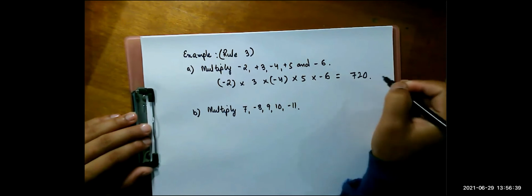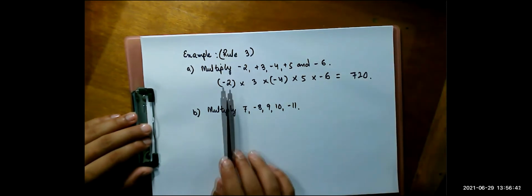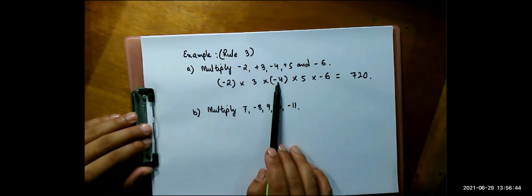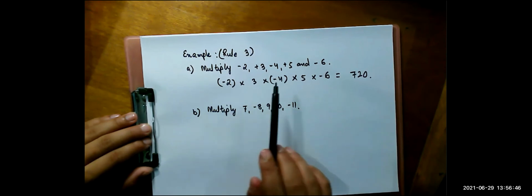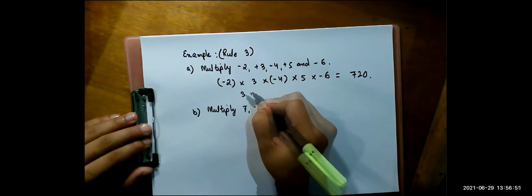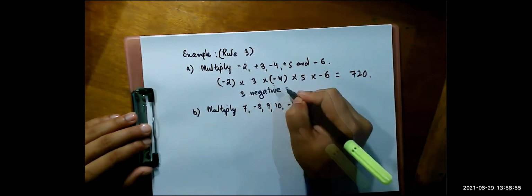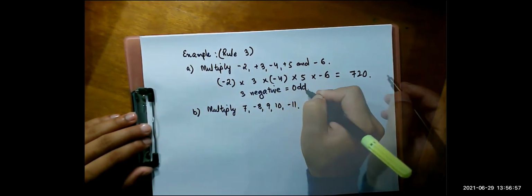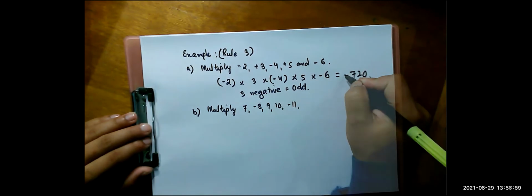Now let us count the number of negative signs: 1, 2, and 3. That is minus 2, minus 4, and minus 6. That means there are 3 negative signs, which is odd, so the product will bear a minus sign.